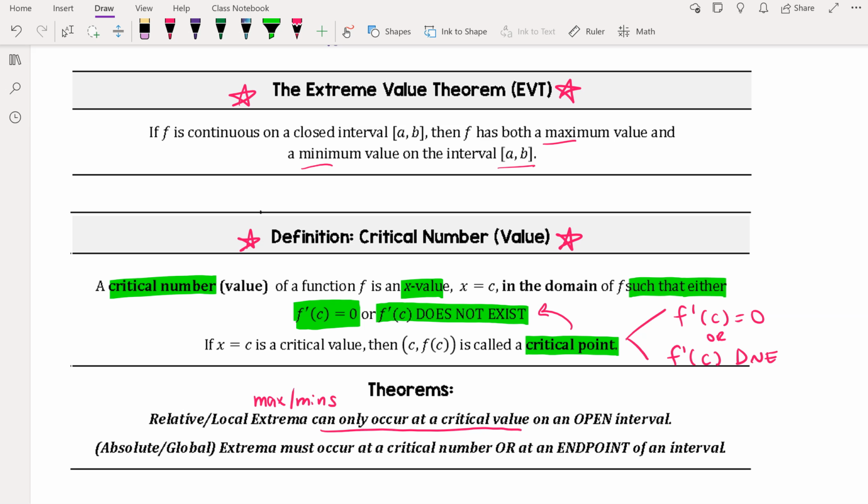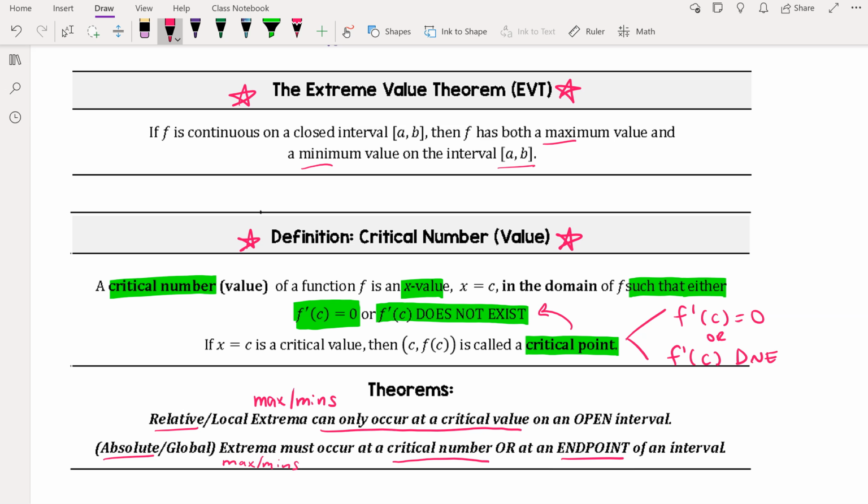Relative max mins can only occur at a critical value. Oh, and then, sorry, absolute max mins, extrema, can occur at a critical number or a critical value or at an endpoint. Because remember, for the absolute, we got to check our endpoints.